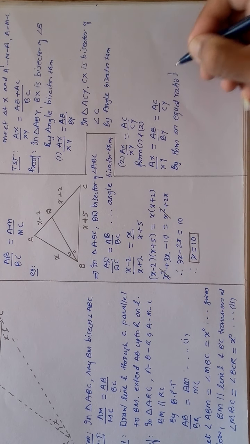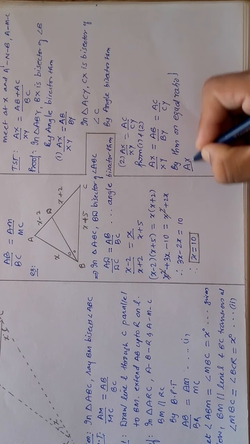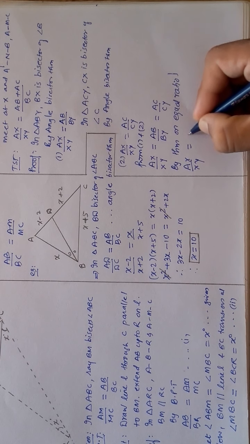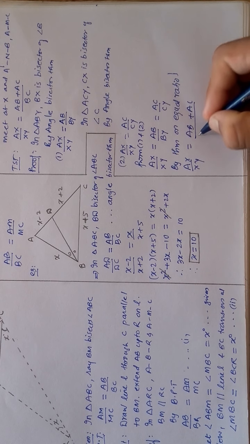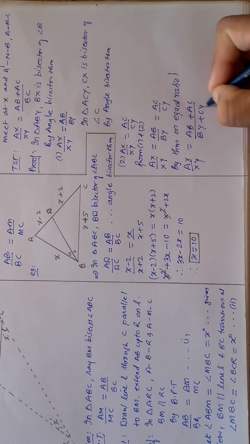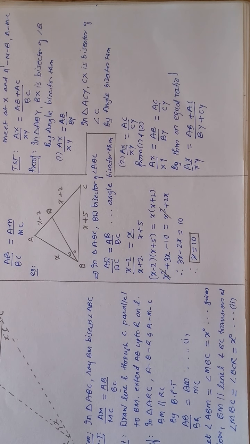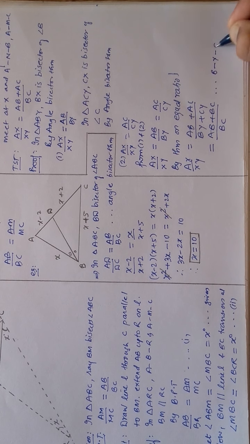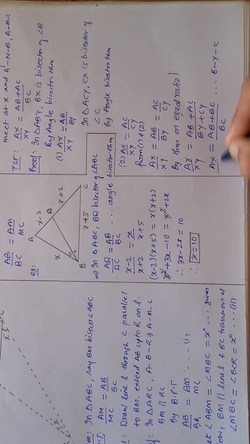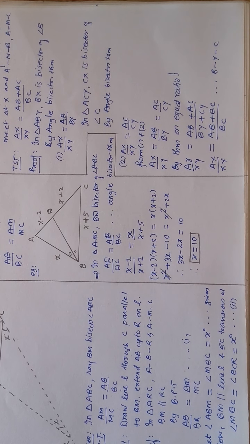I am not touching this: AX is to XY is AB plus AC is to BY plus CY. So BY plus CY is equal to BC because Y is collinear with B and C. So AX is to XY is AB plus AC is to BC.